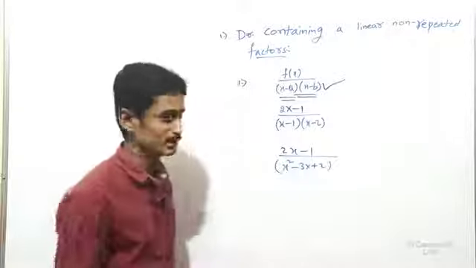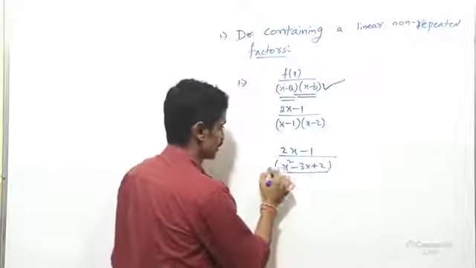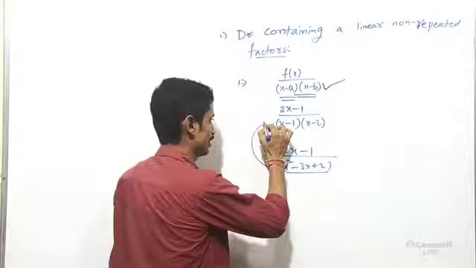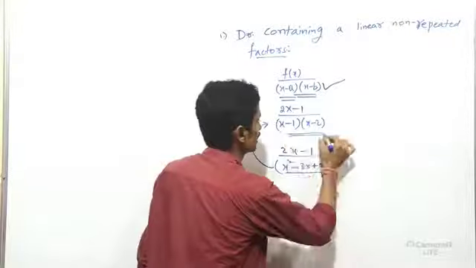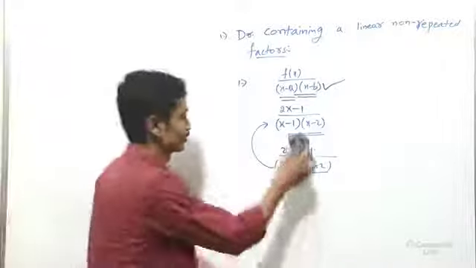This is the quadratic polynomial. This quadratic polynomial we have to arrange in factorization form. First we get the factors of that quadratic polynomial.